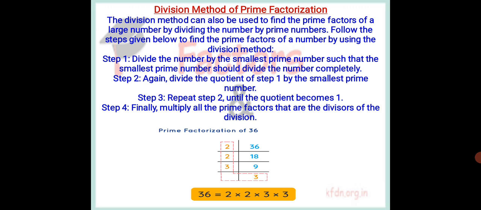Repeat step 2 until the quotient becomes 1. So, repetitive division to be followed by using prime numbers.